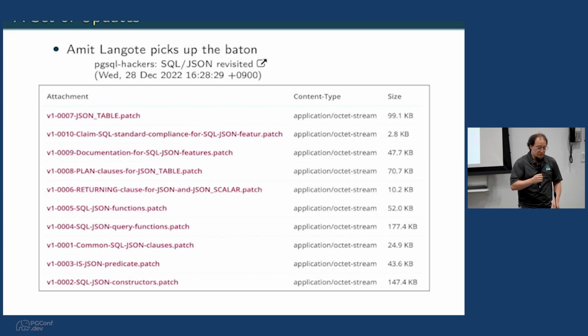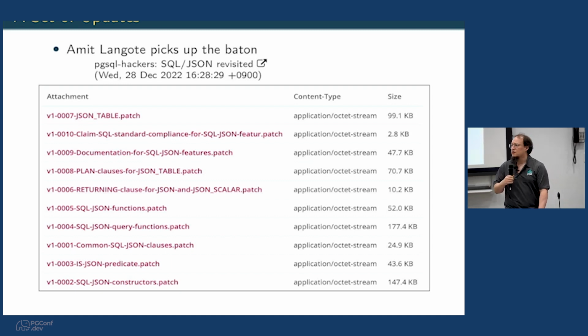So this consisted of 10 patches, each implementing a number of features. And the nice thing about this is that we could go over a few of these and introduce the features one at a time or few at a time.